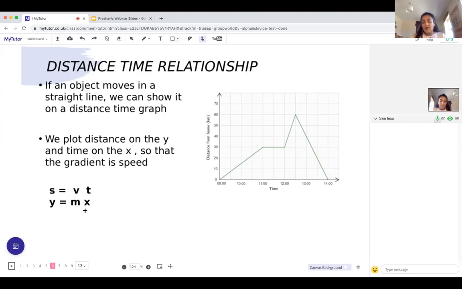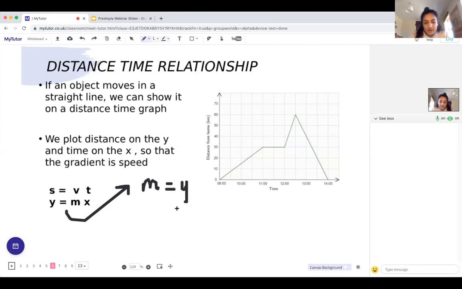Okay, now if you don't know what y equals mx is, don't worry, that's just the equation of a line. You will learn it in maths, but basically it just means that whatever you plot on the y equals the gradient times x. And we can rearrange it so that we have m equals y over x.